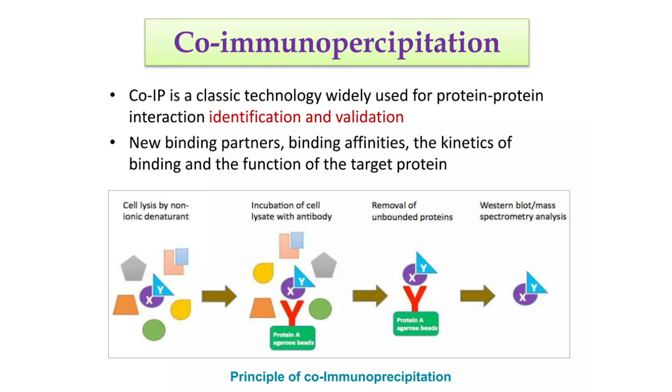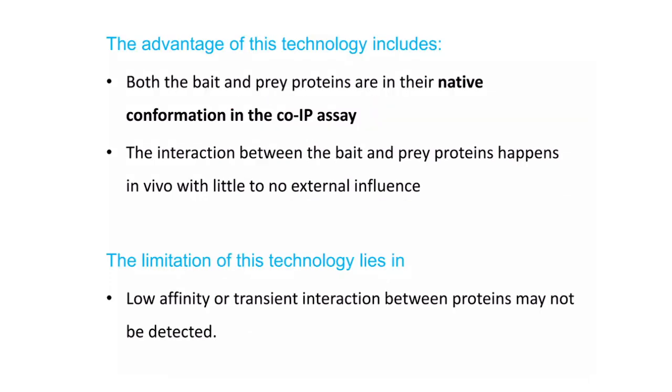Okay. Now, the advantage of this co-immunoprecipitation technique is that both the bait and the prey proteins are in the native conformation, and the interaction between the bait and the prey happens in vivo with little or no external influence.